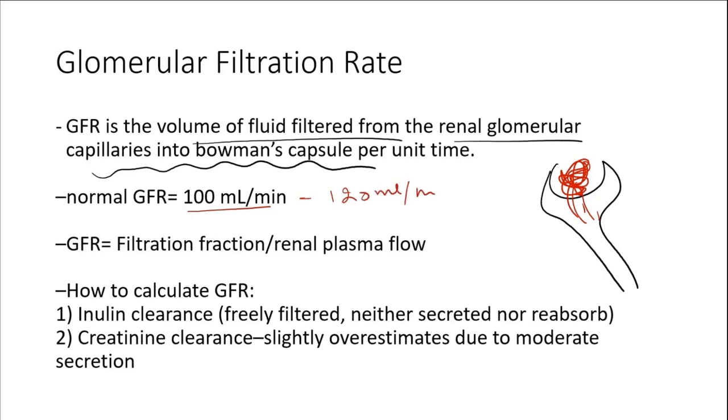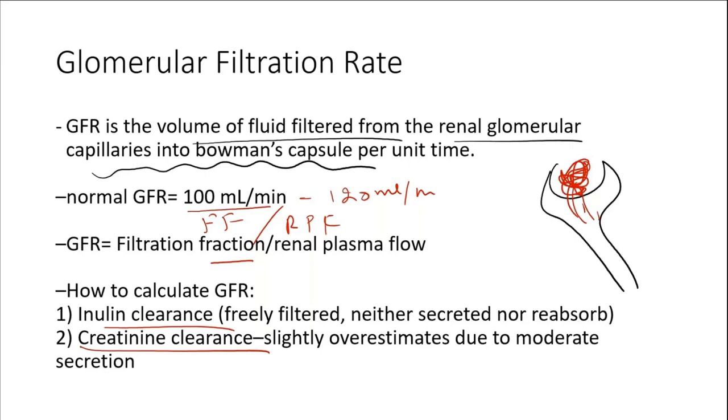What is the formula for GFR? Glomerular filtration rate is filtration fraction over renal plasma flow. How to calculate GFR? We can use inulin clearance. In the hospital, we use creatinine clearance.